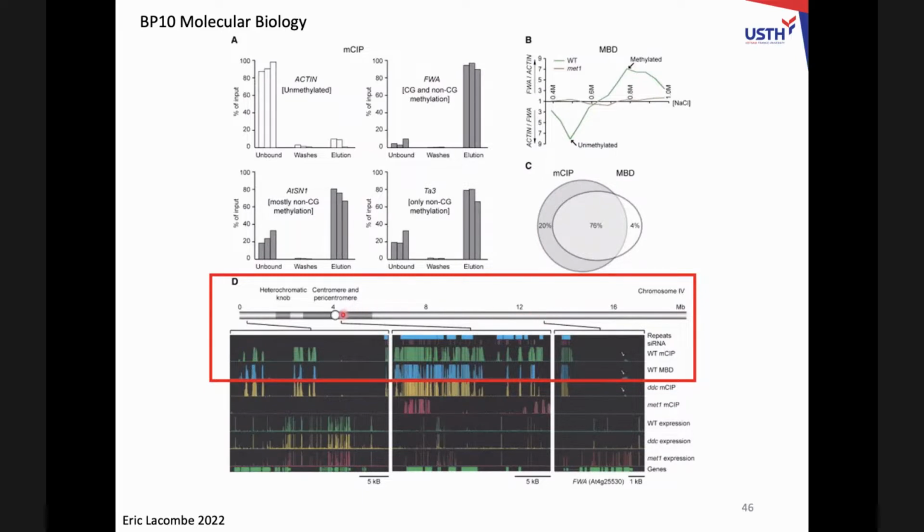For all this fragment, they report on the very top line the presence of repeats of DNA. So what can we see? The region on the north of the fragment does not contain, or contains very few, repeated sequences.